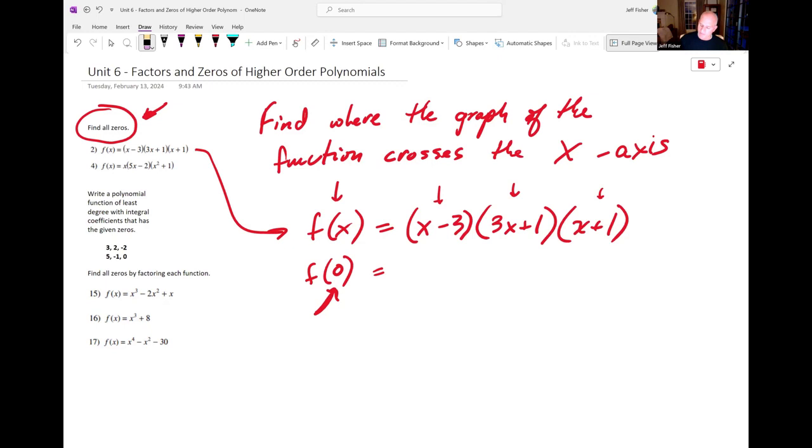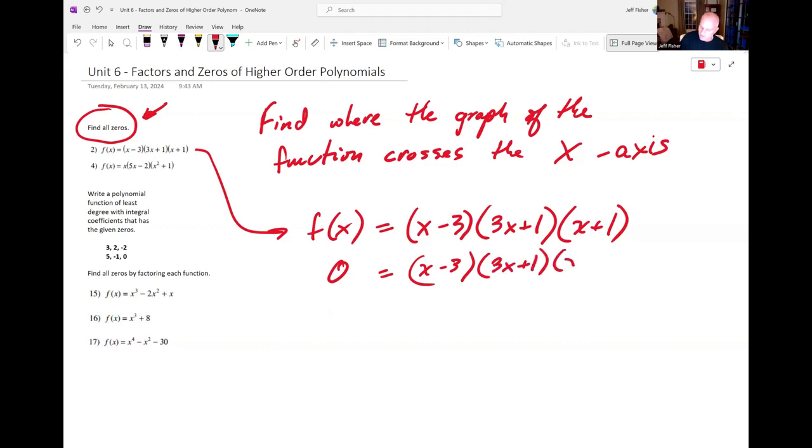You probably remember this from Unit 5, where when we factor, we set each of the factors equal to 0. So for this to equal 0, x minus 3 must equal 0, or 3x plus 1 could equal 0, or x plus 1 could equal 0.